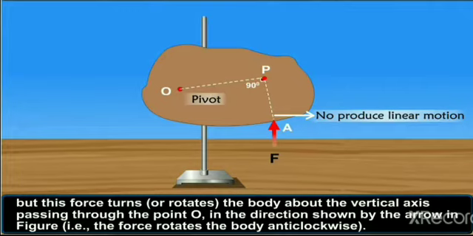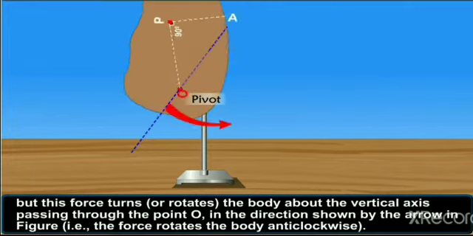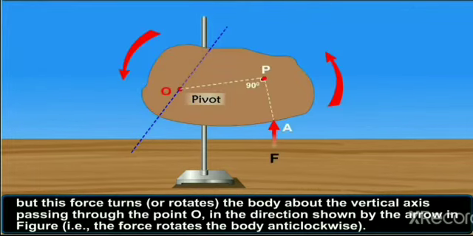But this force turns or rotates the body about the vertical axis passing through the point O in the direction shown by the arrow in figure. That is, the force rotates the body anti-clockwise.